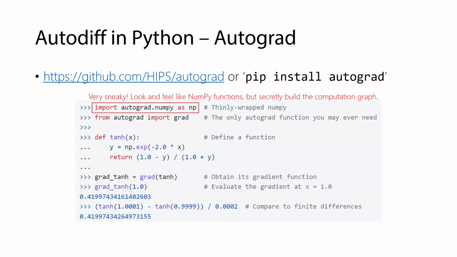That function is again a function, so you can just throw in a number like this, and it will evaluate the gradient of tanh using the automatic differentiation algorithm. So this is really a fun and useful library to know of.